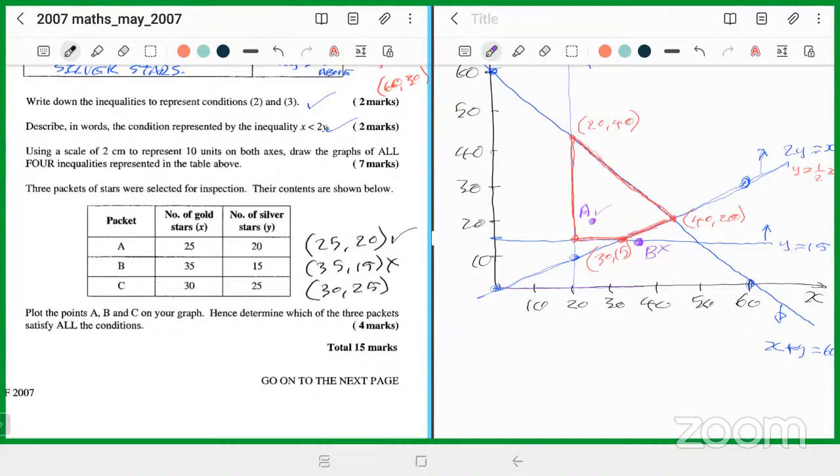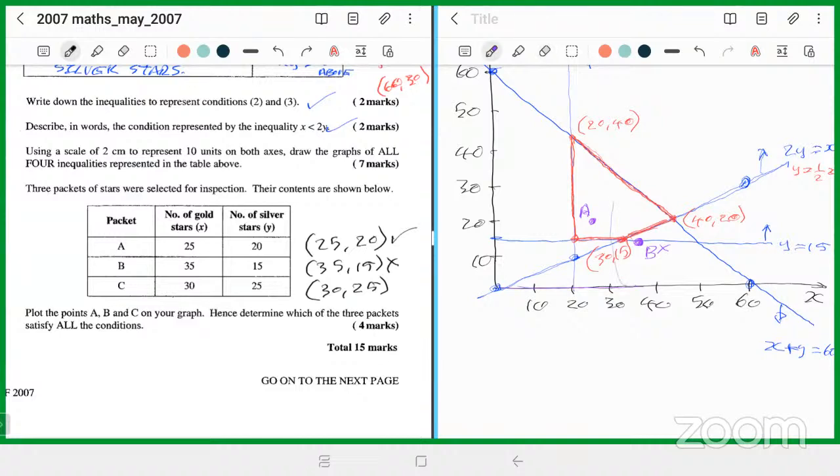And the last one now is (30, 25). Coming out to 30 and going up to 25, 25 is about right here. That's the point we're talking about, so it will be right here.